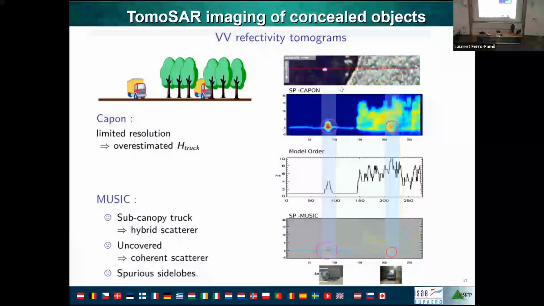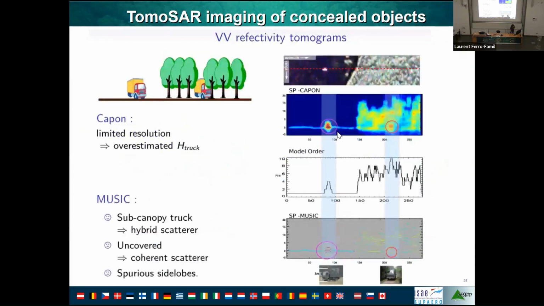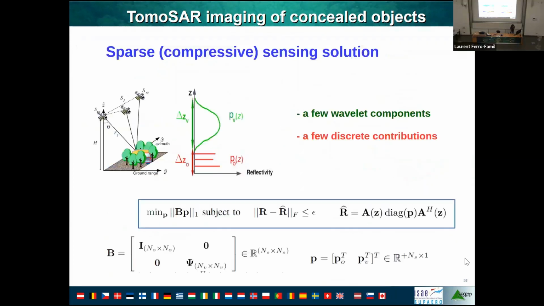There was a truck outside the forest, a truck below the forest, and when you apply spectral analysis techniques, you are able, of course, to detect the truck outside of the forest, and below the forest the result was, okay, you could see something, but it was not exactly obvious if these scattering patterns belong to the truck or belong to the forest canopy, I mean, to the branches, which represent a very complex volume.